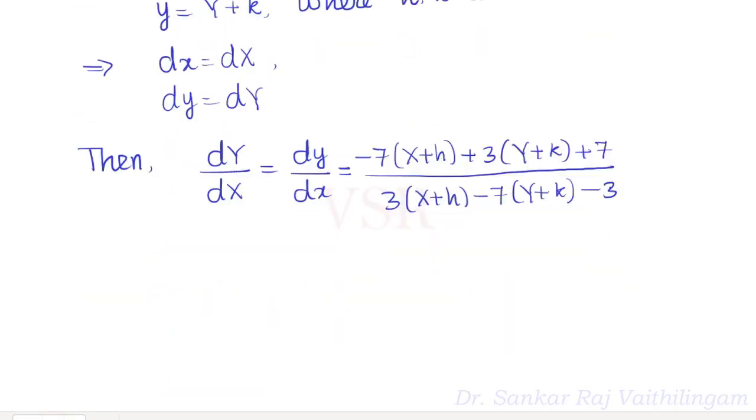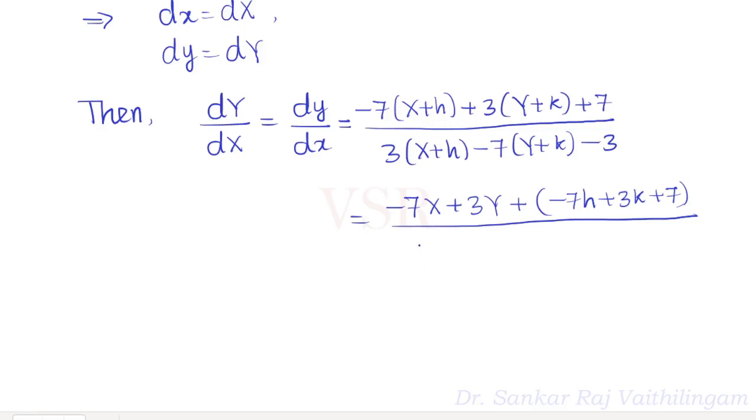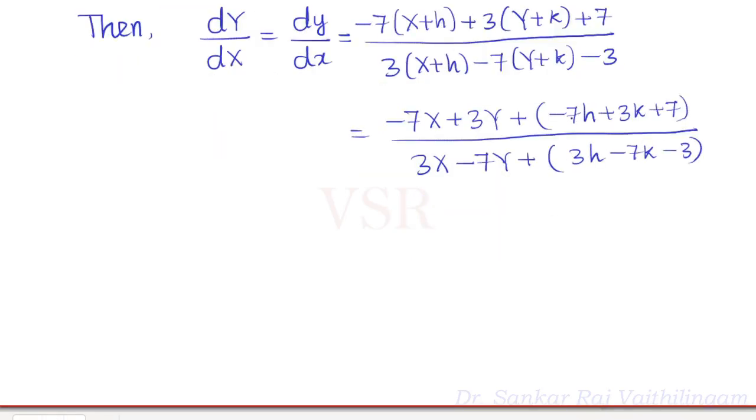அப்போ என்ன நடந்திருக்கு அப்படின்னா this is equal to minus 7x plus 3y, okay, plus மிச்சம் இருக்கிறதுலாம் minus 7h plus 3k plus 7 divided by கீழே 3 capital X minus 7 capital Y plus என்ன கிடைச்சிருக்கு 3h minus 7k minus 3, okay. இப்போ இந்த பிராக்கெட்ல இருக்கிற இந்த கான்ஸ்டன்ட் டேர்ம்ஸ் நான் என்ன பண்ண போறேன் 0 ன்னு போட போறேன்.